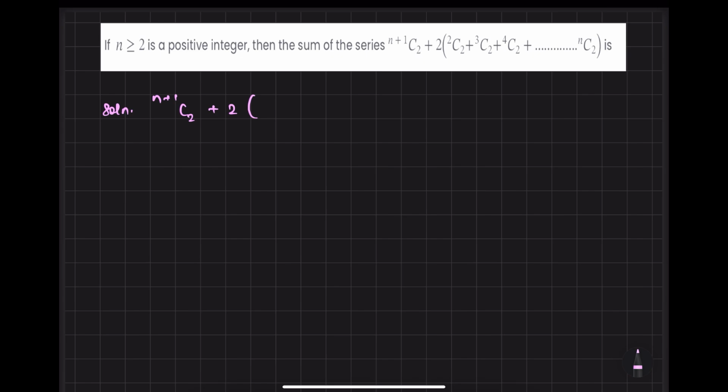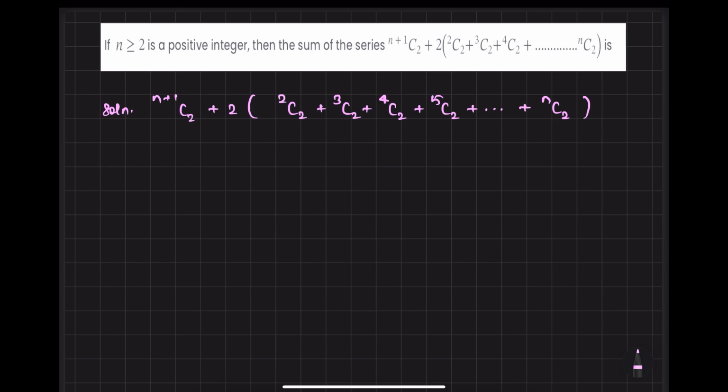2 times 2c2 plus 3c2 plus 4c2 plus 5c2 plus dot dot dot plus nc2.